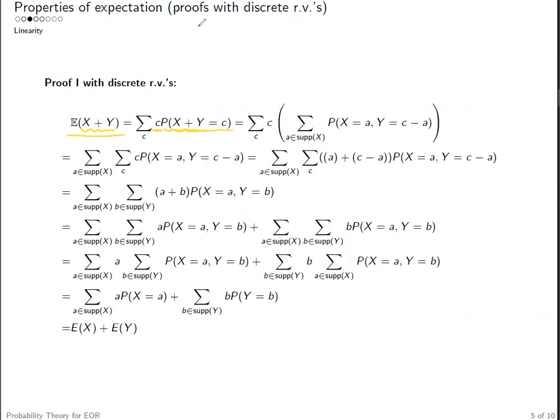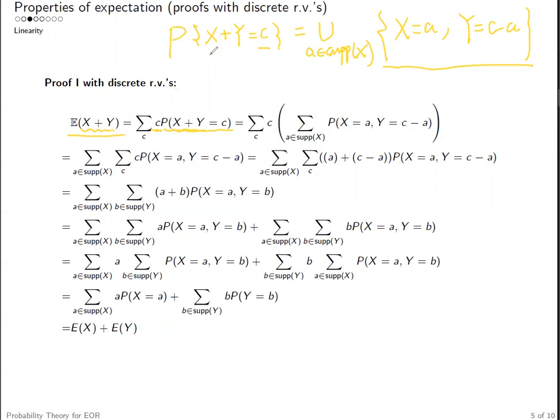right? If we look at this event, X plus Y equal to c, it's essentially equal to the union, over a from the support of X, of the events X equal to a, Y equal to c minus a, right? So therefore their summation will be equal to c. And this is a union of mutually exclusive events.